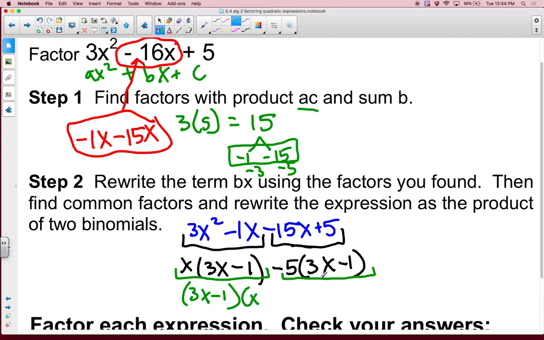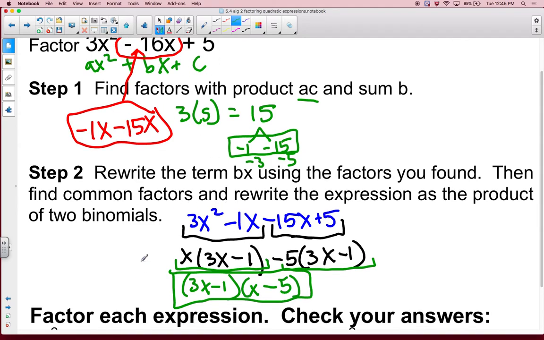And if I take out this 3x minus 1 from the second part here, I'm left with just the minus 5. And this is factored. Okay, and remember, you can always check it by multiplying your two binomials using FOIL, first, outer, inner, and last, and you'll get back to your original quadratic trinomial.